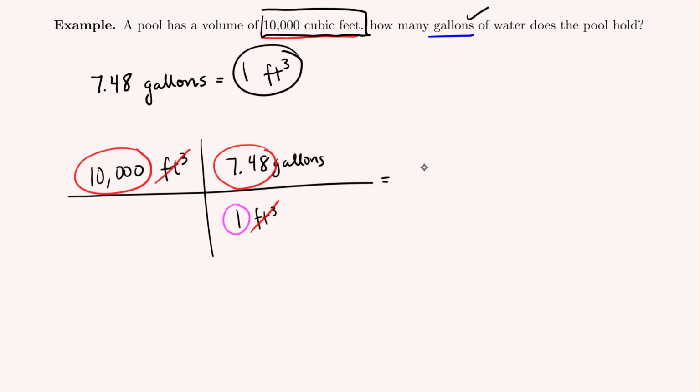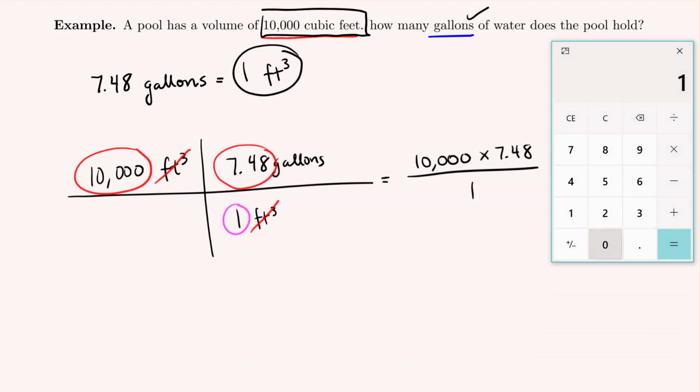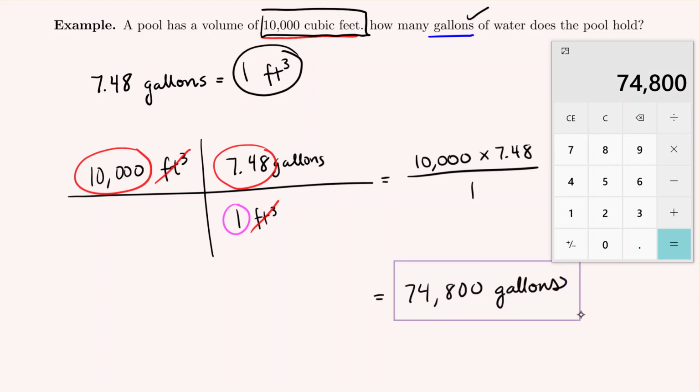So this will tell us to take our 10,000, multiply it by our 7.48, divide everything by 1. Now dividing by 1 is not changing the value, so we can essentially just take the 10,000, multiply it by 7.48. And we would get 74,800 gallons is the equivalent measurement to 10,000 cubic feet.